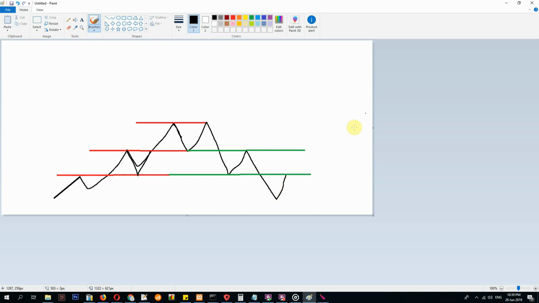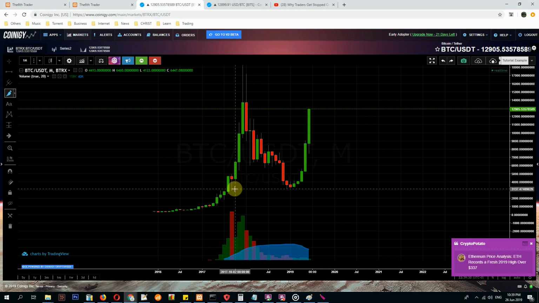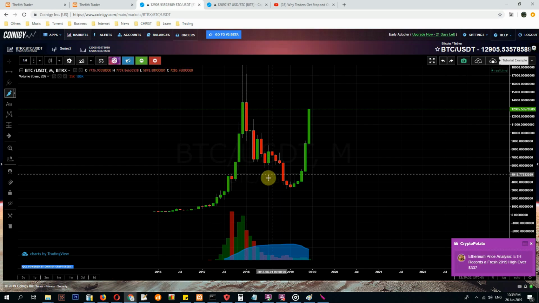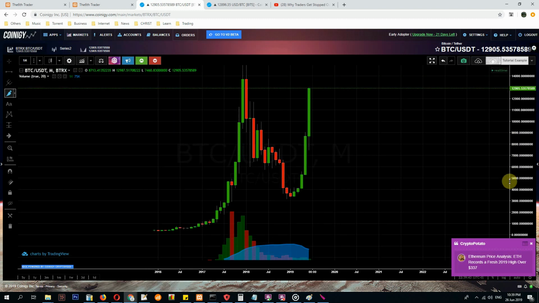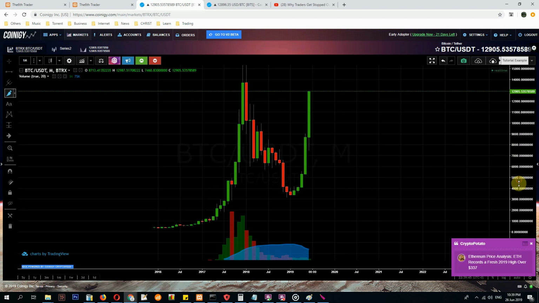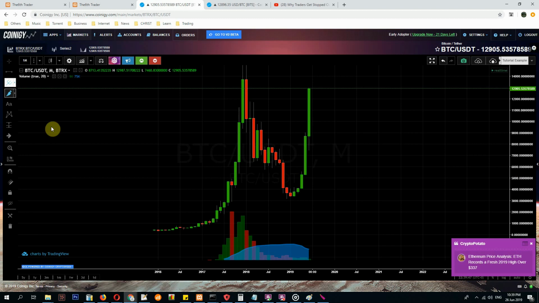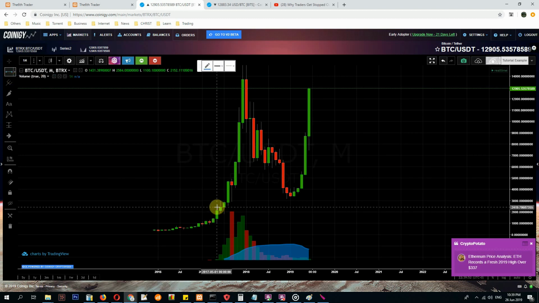So let's apply that in this context. So notice here, let's try to draw a support and resistance diri sa uptrend. On our way up, let's try to draw resistance.